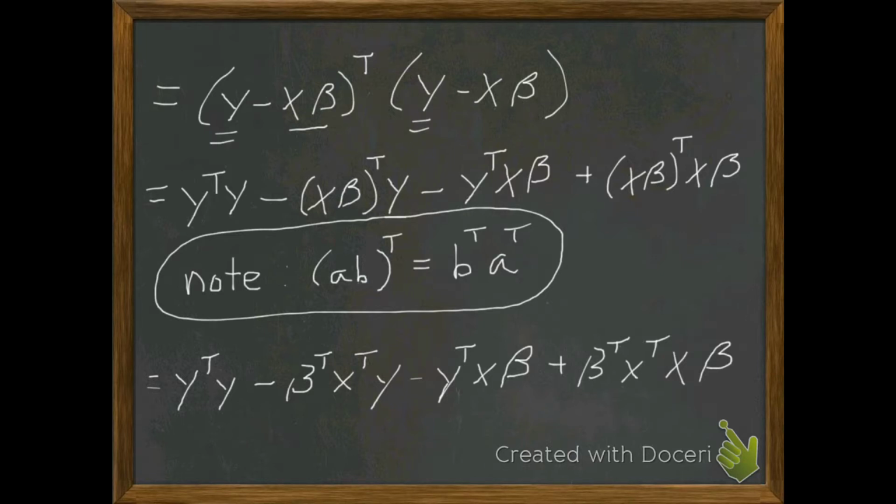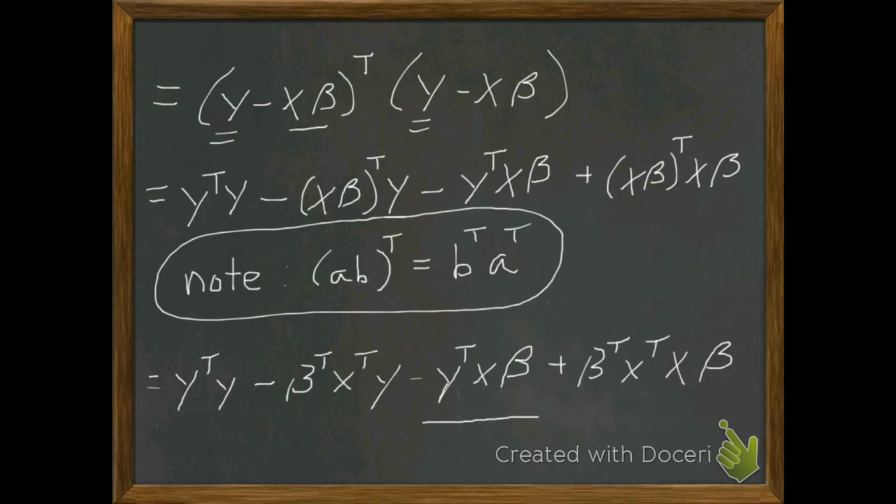All right, let's examine this y transpose x beta term. Technically it's minus, but I don't care about that right now. I just want to examine this, and that is the way it came to us.